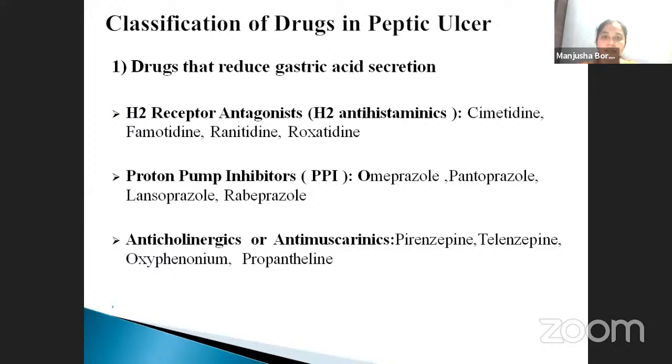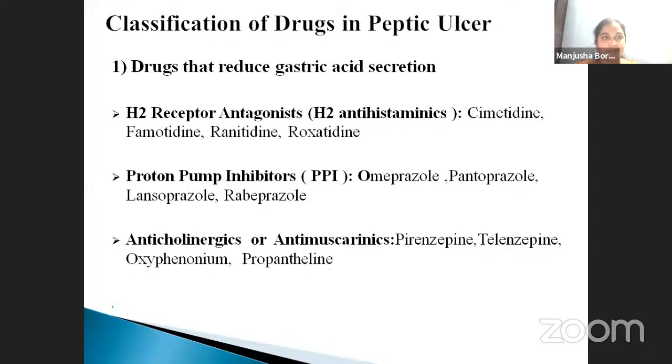Proton pump inhibitors like omeprazole, pantoprazole, lansoprazole, rabeprazole inhibit the proton pump, the hydrogen potassium ATPase pump. And anticholinergic drugs, also called antimuscarinic drugs, like pirenzepine, telenzepine, oxyphenonium, produce the effect on the muscarinic receptor mechanism.